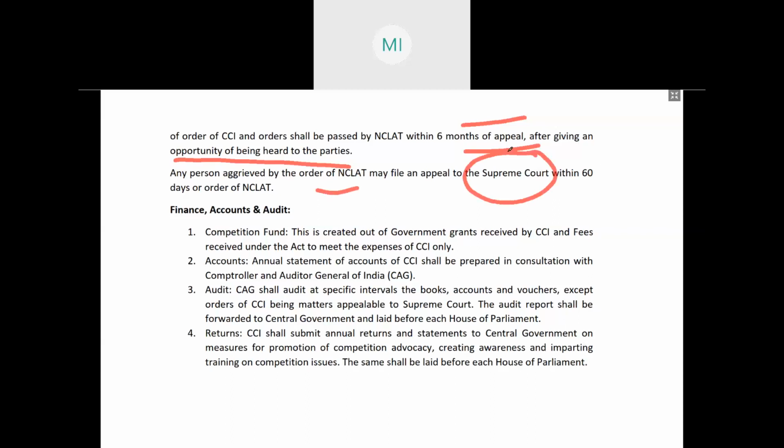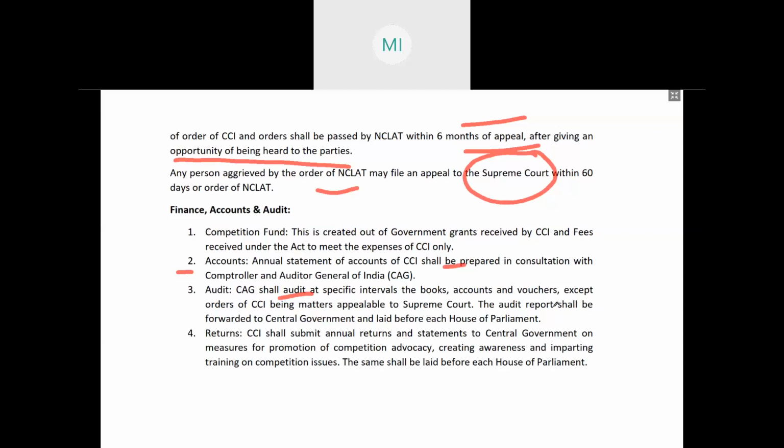Okay. So finance, accounts, and audit is general. Finance is the fund, so they create something called a competition fund, which will have credits of government grants and debits as expenses. Accounts are prepared in consultation with the CAG, Comptroller and Auditor General of India, and they do the audit also at regular intervals.